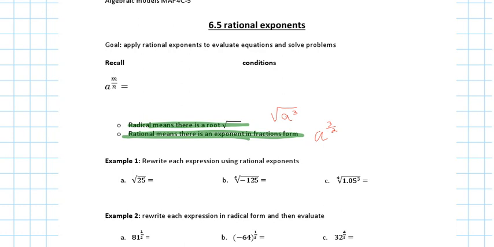So the nth root of a to the power of m, or I can write it as the nth root of a to the power of m. So it doesn't matter if it's outside or inside.